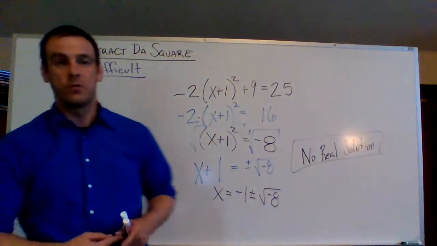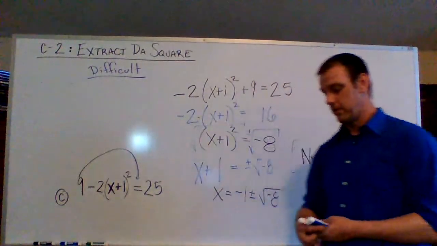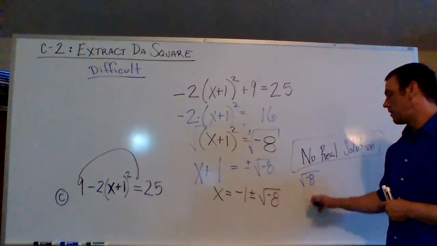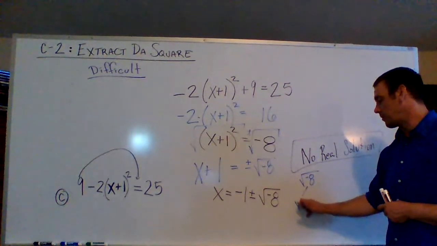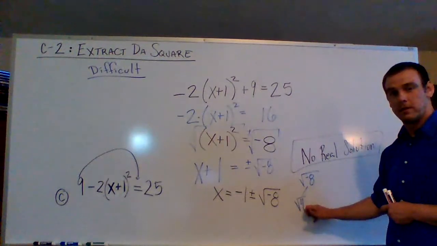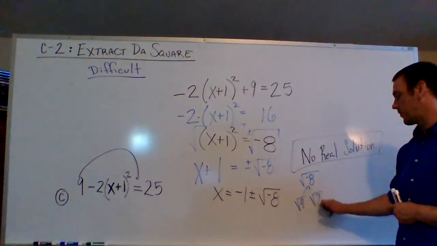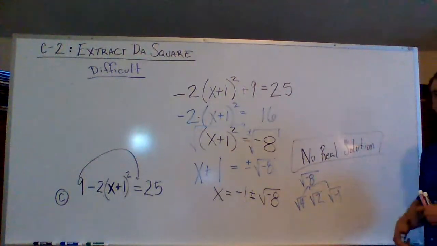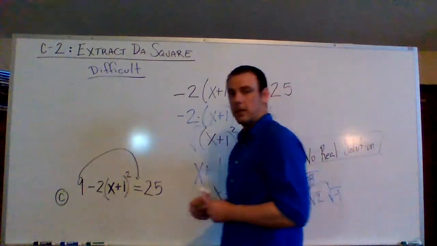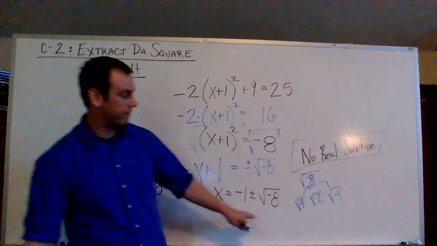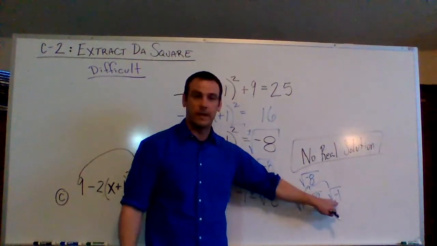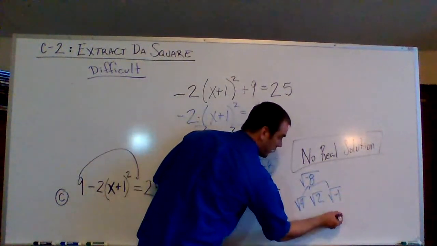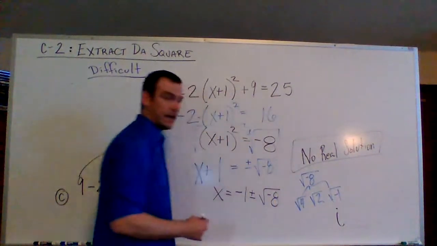Okay, now I need to reduce the square root of -8. Square root of -8, all right, is really the square root of 4, the square root of 2, and the square root of -1. Okay? If this is a negative, you always have to have that -1. All right, because the square root of -1 is the imaginary number i.